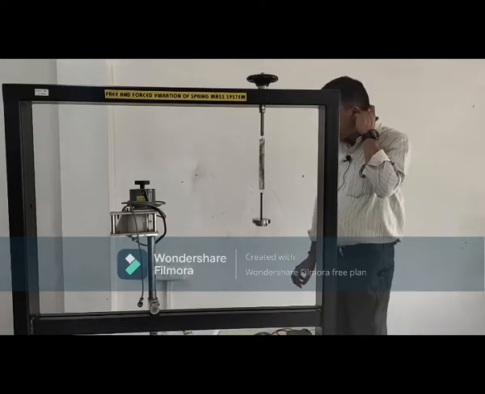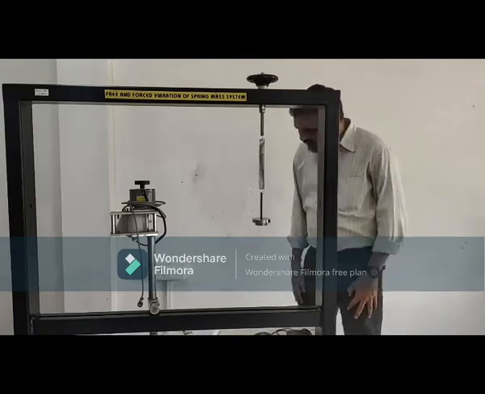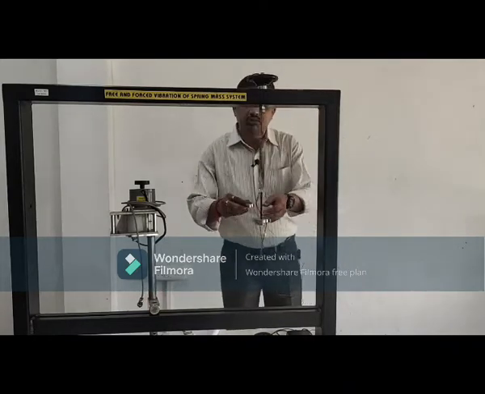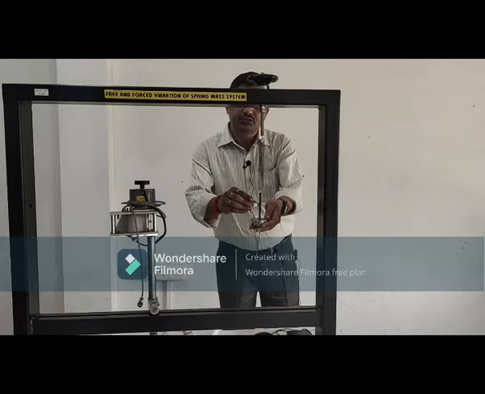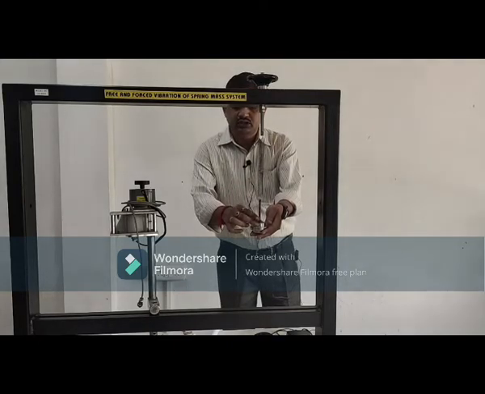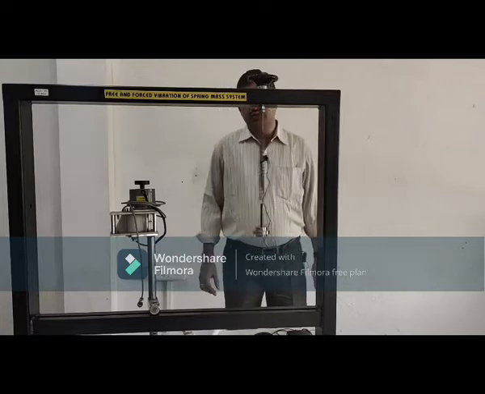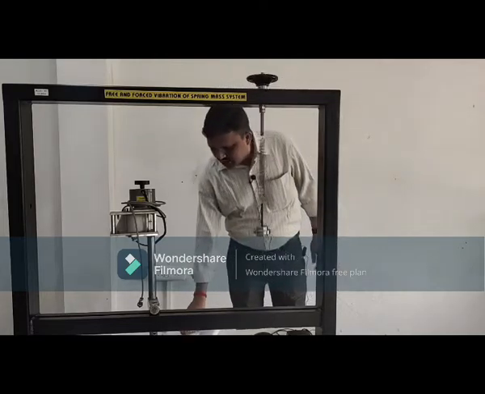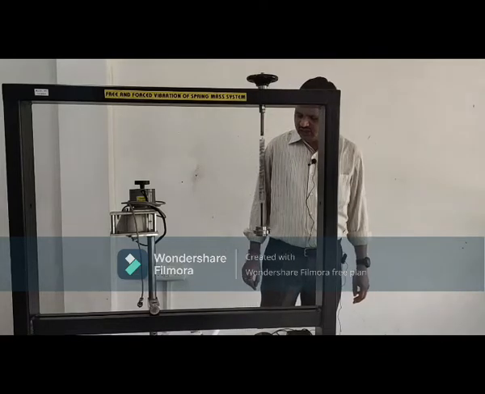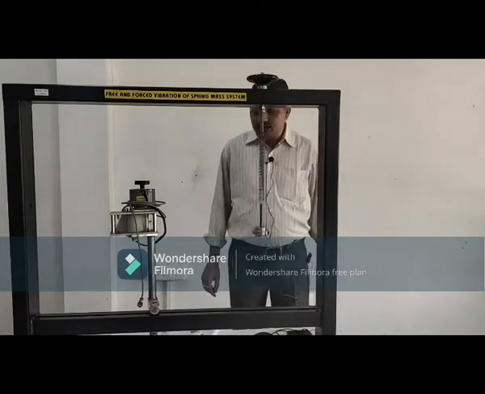Now I add some mass to this spring mass system again, so that the stretched length will be different for this corresponding mass. The total mass now is 0.438 kilograms.